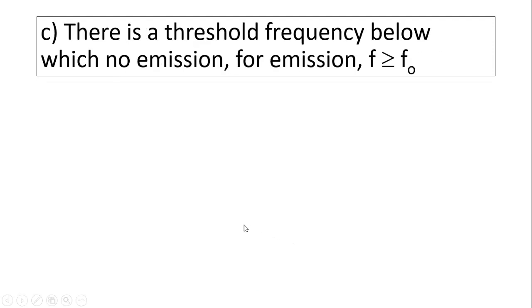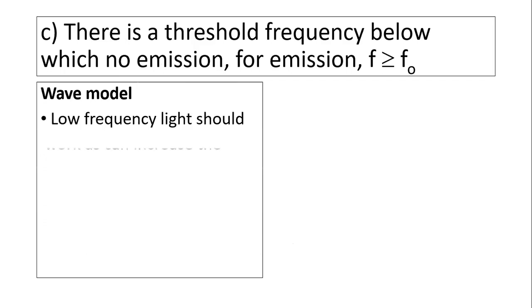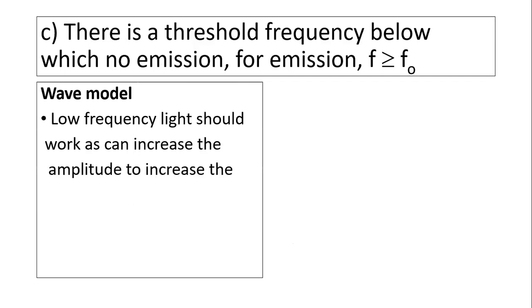There is a threshold frequency below which there is no emission. For emission to occur, the electromagnetic radiation must have a frequency greater than the threshold frequency. Whereas the wave model tells us low frequency light should work, as we can increase the amplitude to increase the intensity.